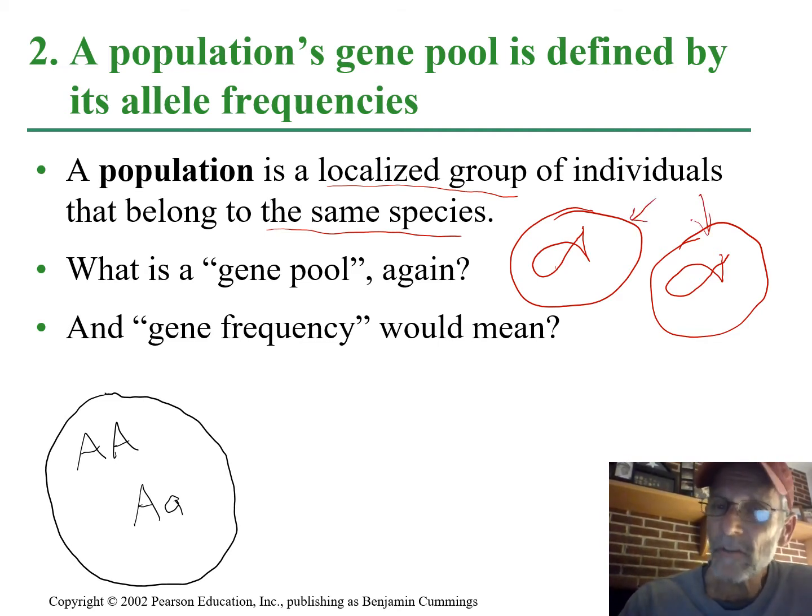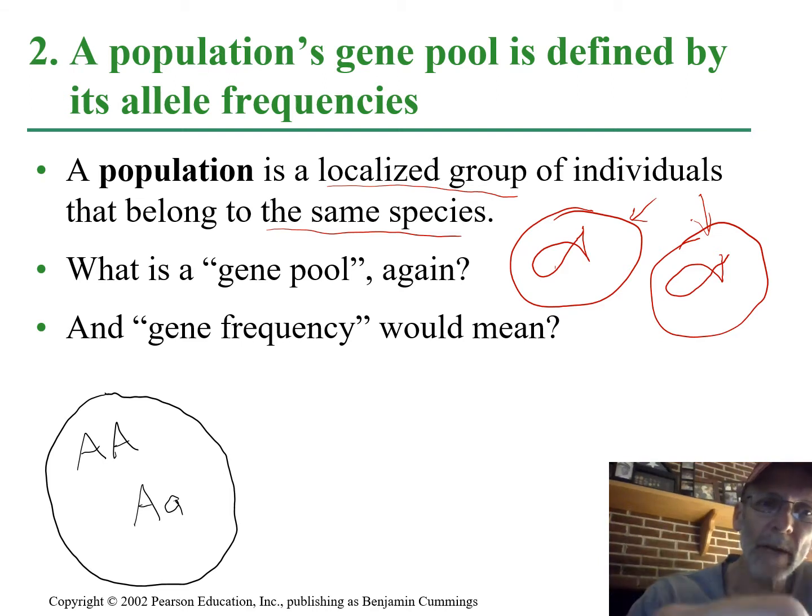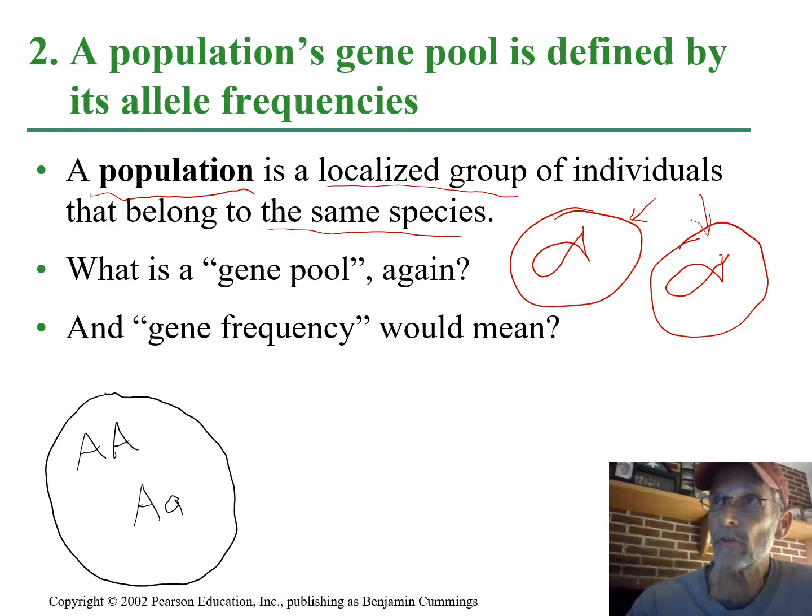But for organisms that can move around, it's hard to have a real clear definition sometimes of what a population is. Note, however, I meant to say that this word has been used by you for a long time in your life, usually to mean a number. In this case, the word population refers to a group.